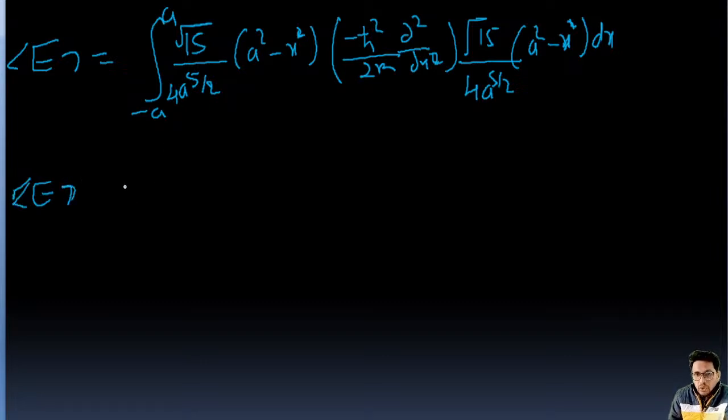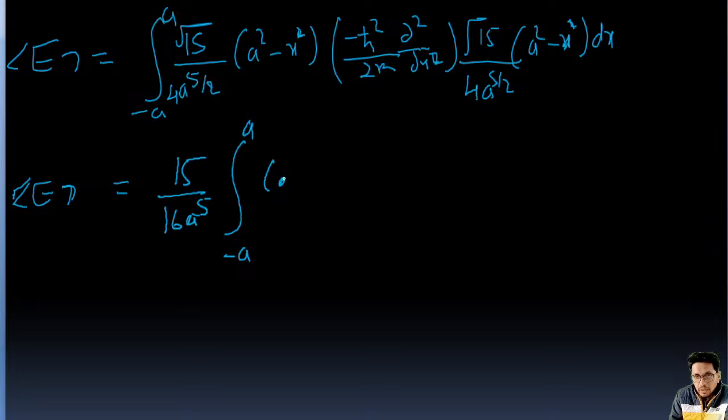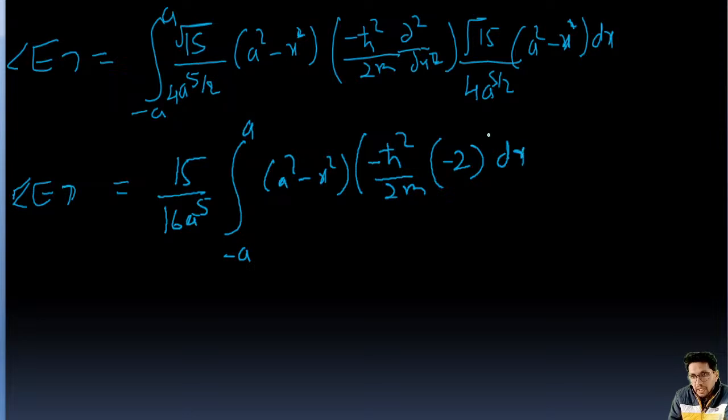So it is going to be this one, right? Minus a to a, because the potential energy is 0. First we'll multiply the constants. So this is going to be 15 upon 16 a to the power 5, integration from minus a to a of a square minus x square, into minus h cut square upon 2m, and we will differentiate it, so it is going to be dx.